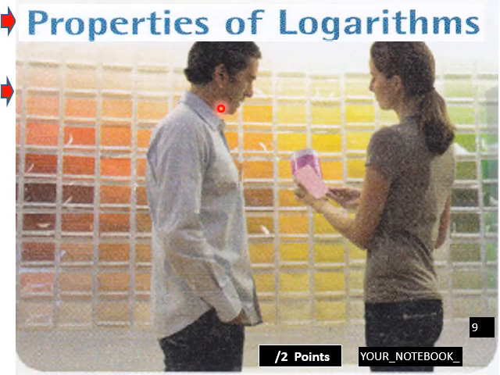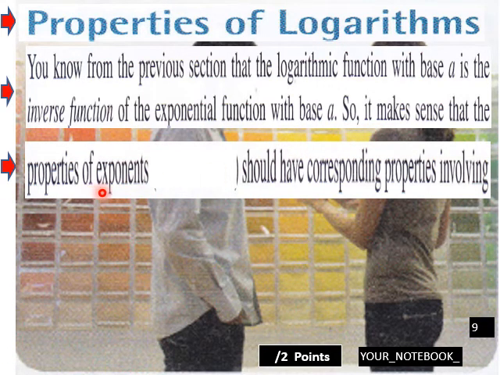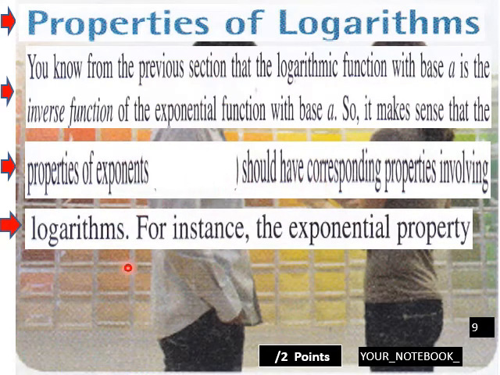Okay, into our next property of logarithms. This goes in your notebook, so get your notebook out. You know from the previous section that the logarithmic function with base a is the inverse function of the exponential function with base a. So it makes sense that the properties of exponents should have corresponding properties involving logarithms.